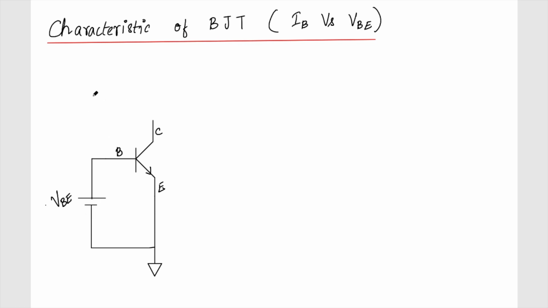Of course, we were seeing that the base and collector should be in the reverse bias region. If you remember, I applied a battery VCB to keep this in reverse bias. So instead of connecting a battery like this, we will connect with respect to VCE. Again, this is the same thing. We are trying to make the base and collector reverse biased.